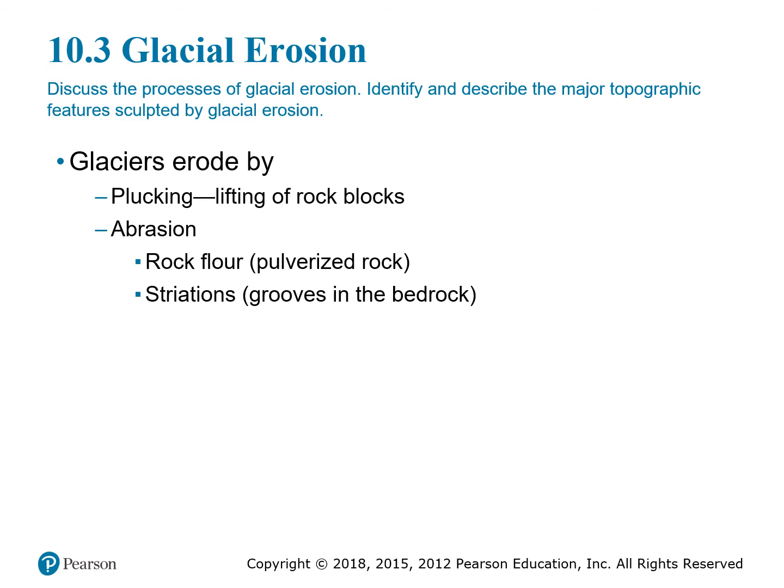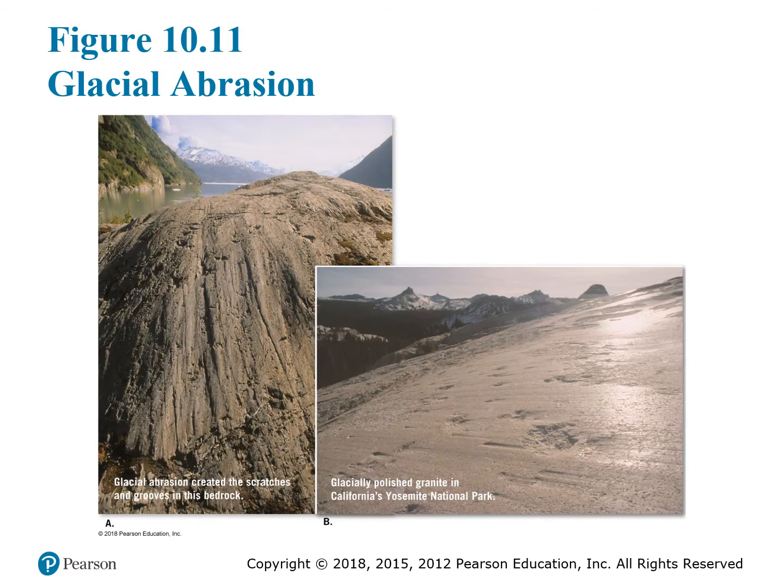In addition to that, sometimes small pieces of sediment can be inside the glacial ice, right? And that sediment will essentially grind against the bedrock and leave behind grooves, and we call those striations. All right, I think I have pictures. There we go.